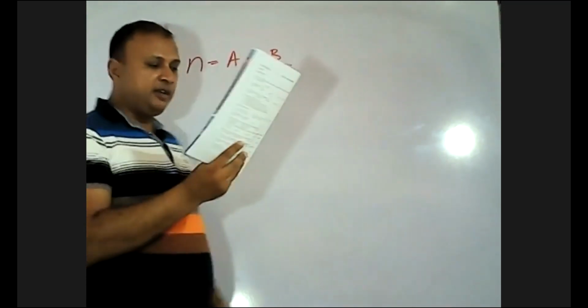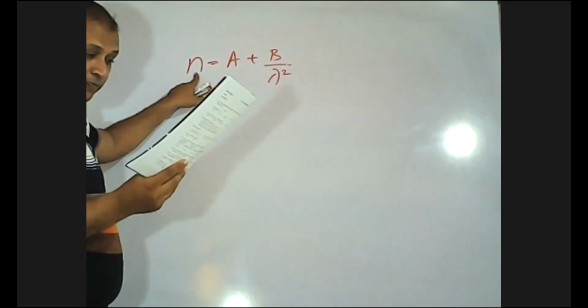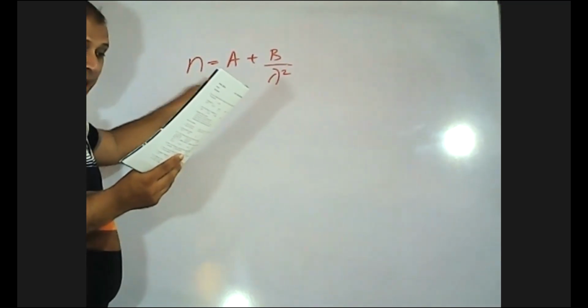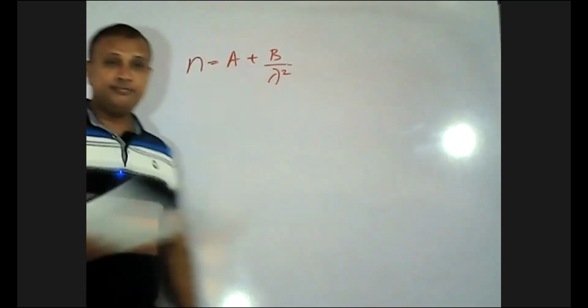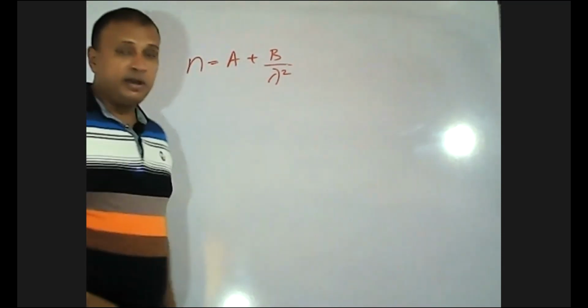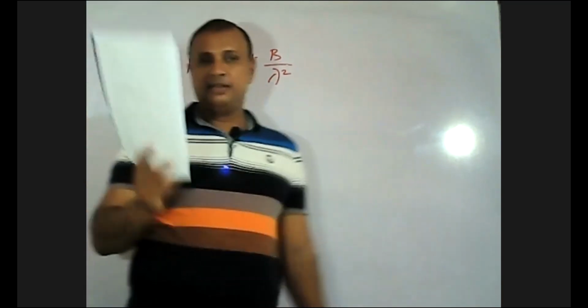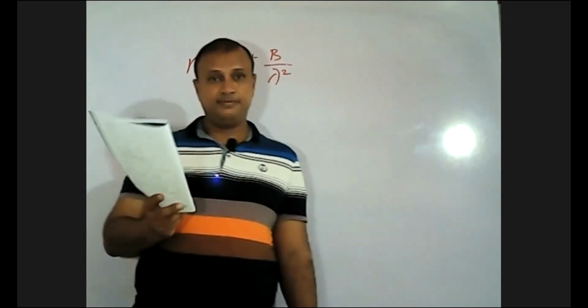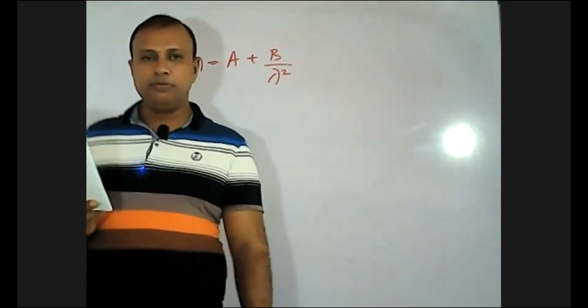Here n is a refractive index, and lambda is a wavelength. What are the dimensions of A and B? If it is a refractive index, what is the answer? Yes. Very good.